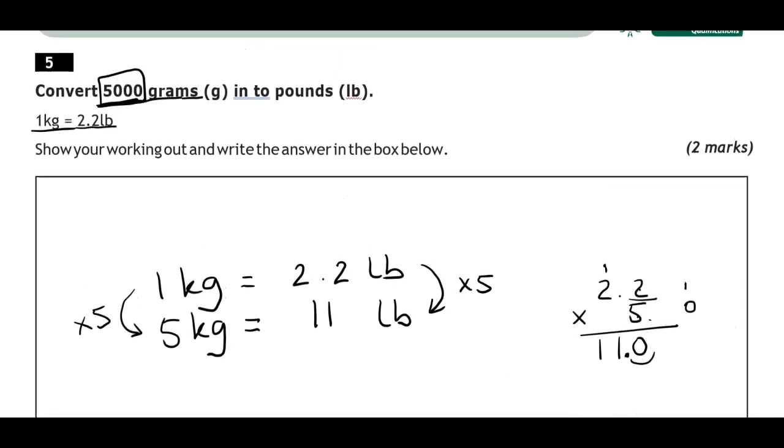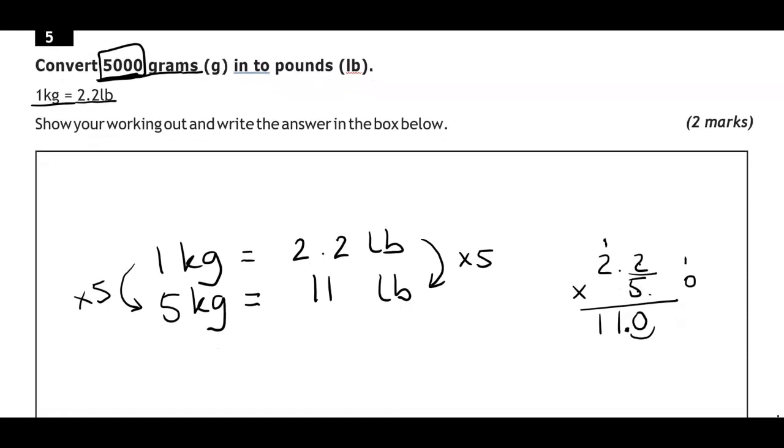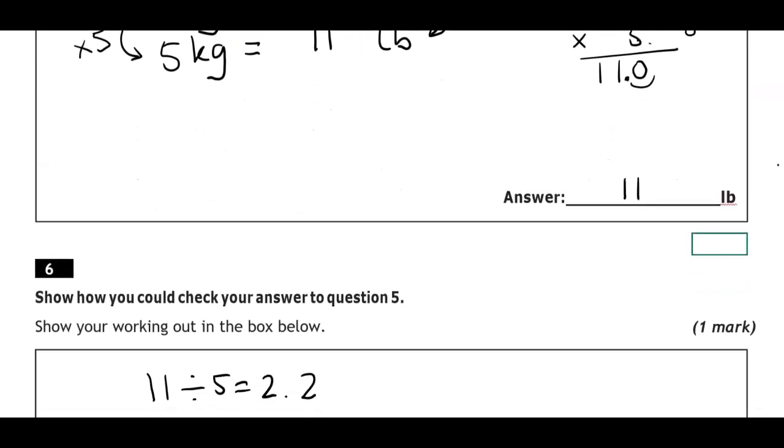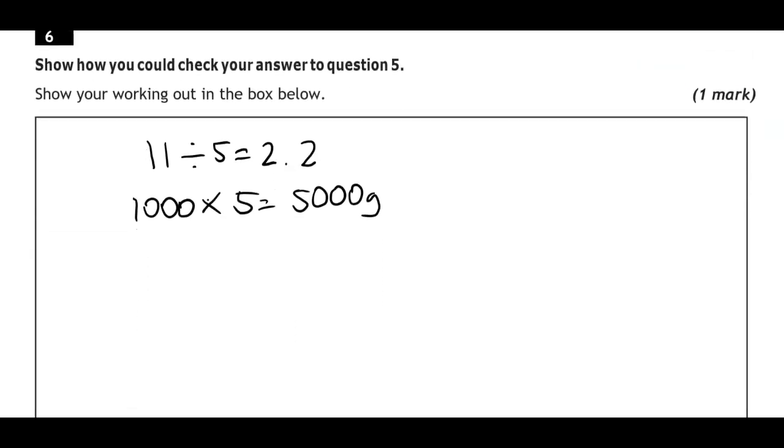And we also converted the grams by dividing by 1,000. So we're going to do 1,000 times 5 to give us 5,000 grams. And this shows that we've done the calculation correctly.